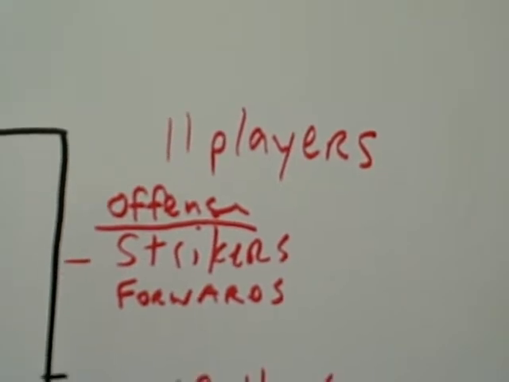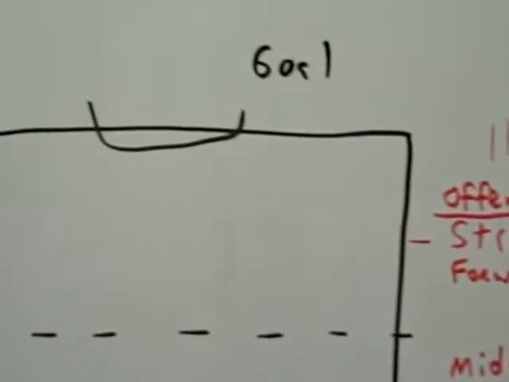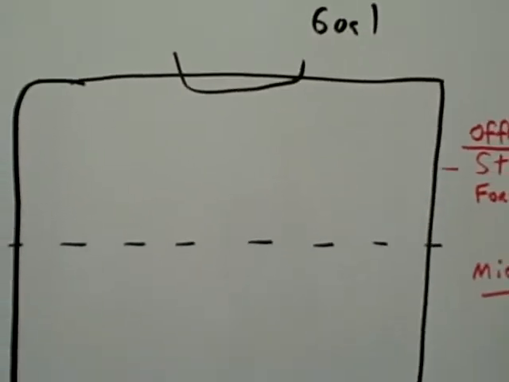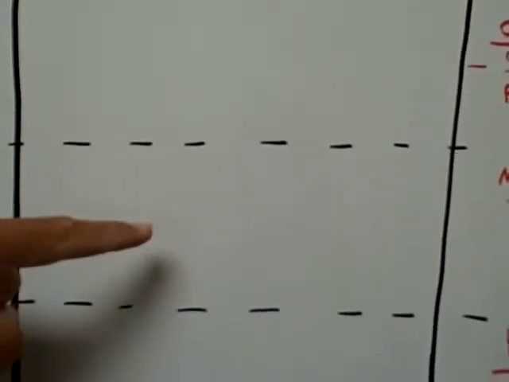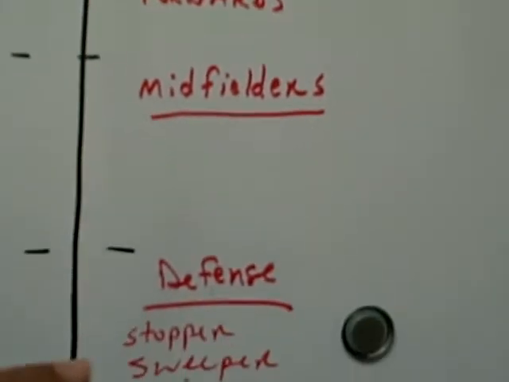The players are broken up pretty much into three sections. So you want to cut the field into thirds. You can kind of see there's 1/3, 2/3, 3/3, and we've got the offense, the midfield, and then the defense.